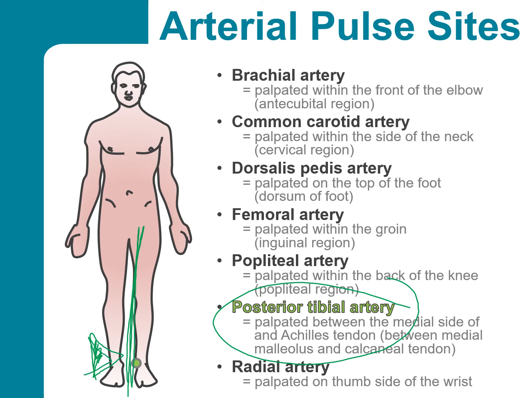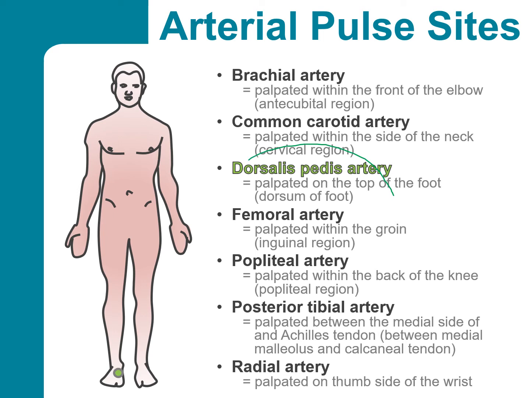Let's use a little more accurate anatomical language: between the medial malleolus and the calcaneal tendon. The last one that I have listed here is the dorsalis pedis artery. This is at the top of the foot. So to get the pulse from here, you would palpate on top or dorsum of the foot.